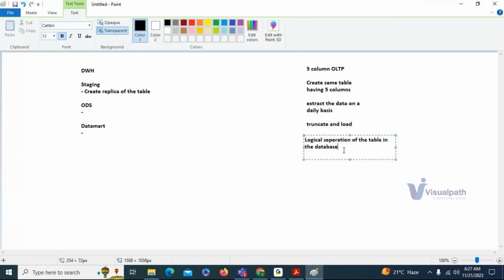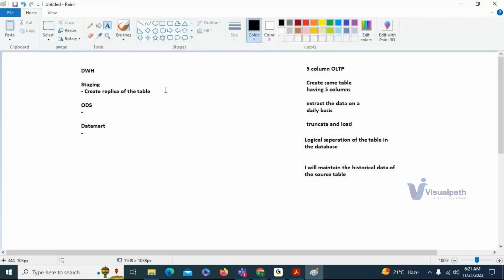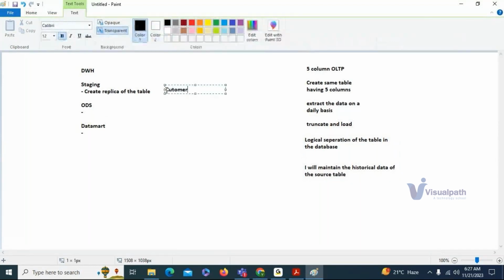In the second database, I will maintain the historical data of the source table. Let's say I have a table customer over here. I will just do truncate and load every time here, and here I'm going to maintain the whole history of the table.